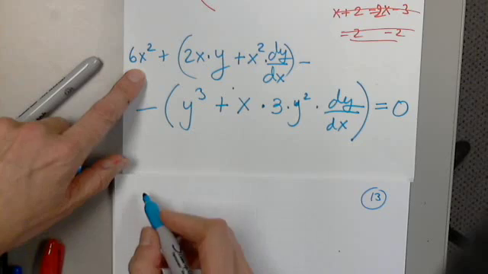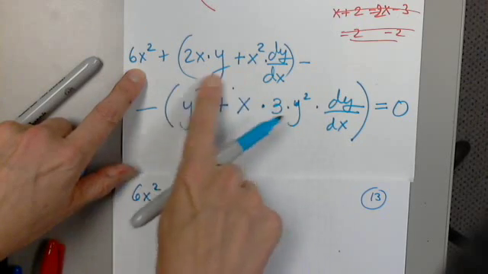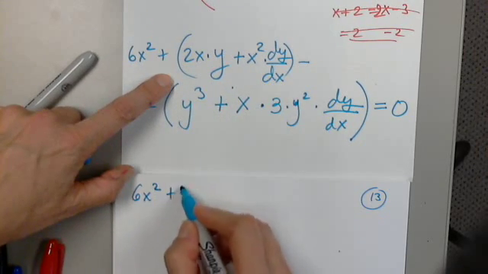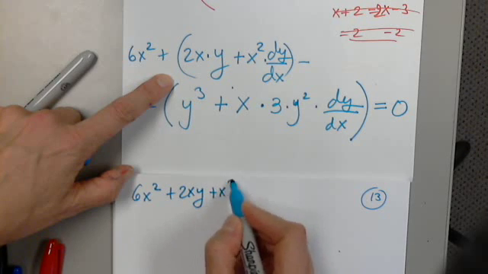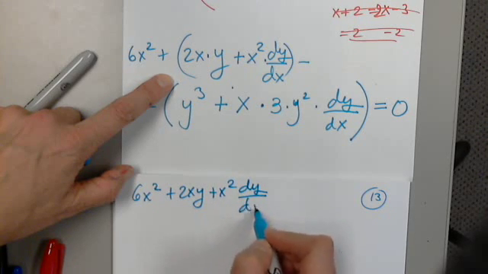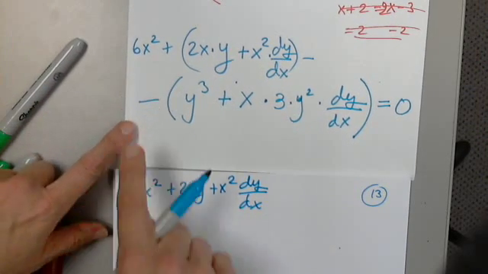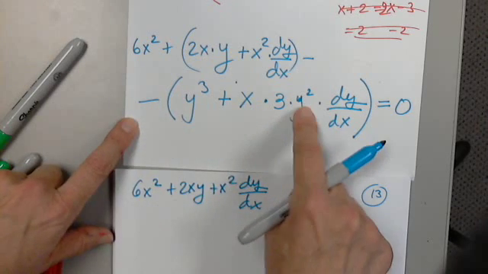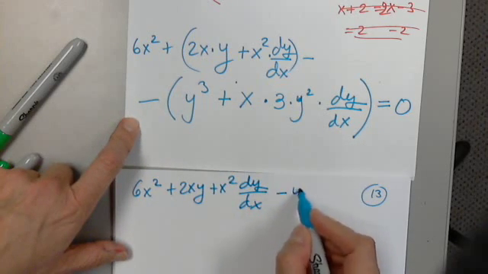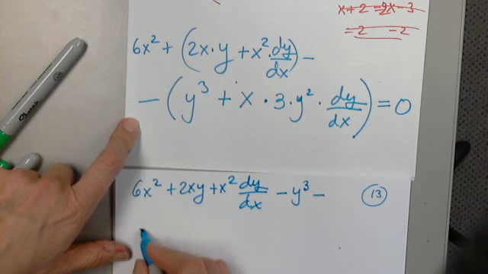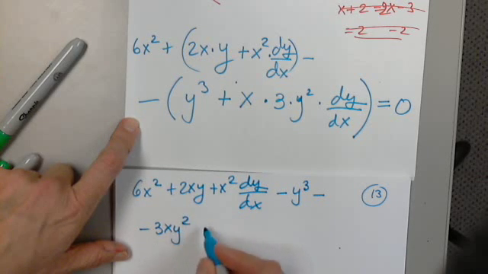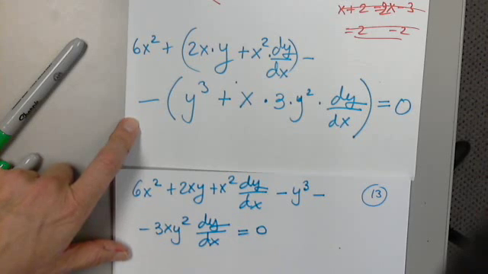So I copy 6x squared. There is no need for parentheses here. Plus 2xy plus x squared dy over dx. Now I have to distribute a negative sign to these two terms. So I have minus y cubed minus 3xy squared dy over dx equals 0.